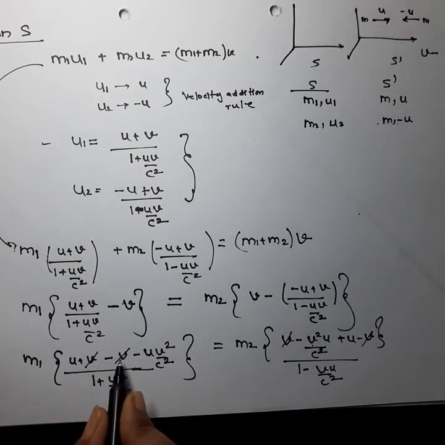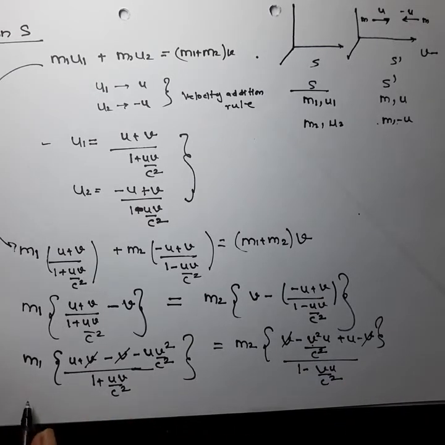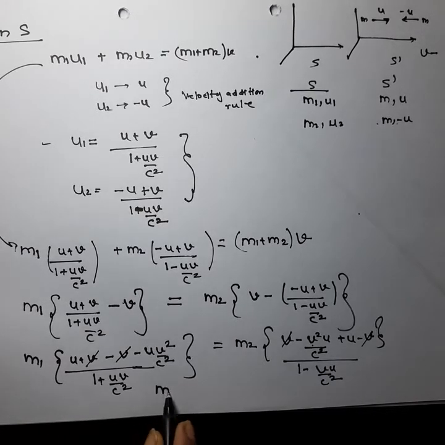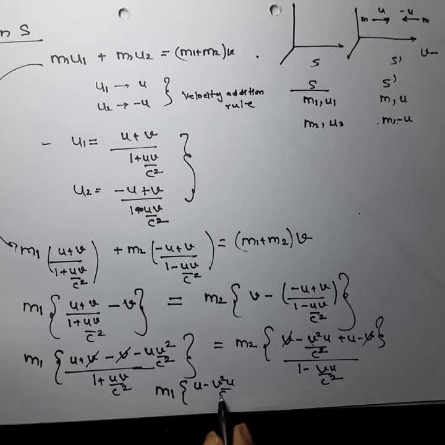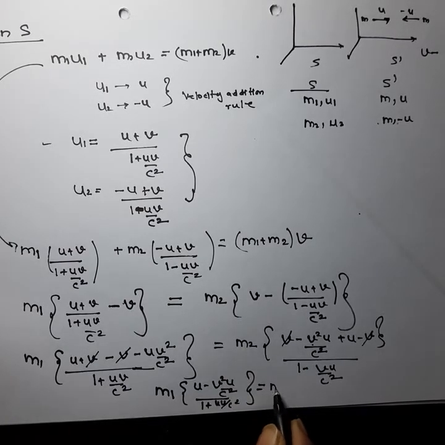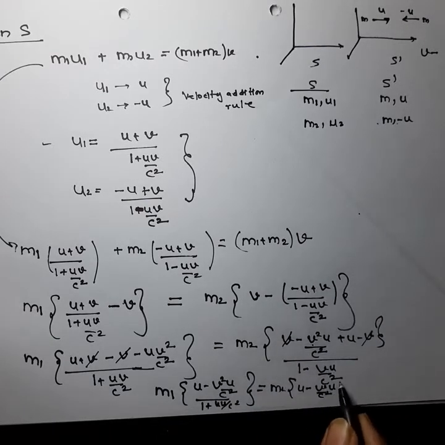Now we will cancel this v and this v. When we add these terms, you can further write it as m1 u times 1 minus v square by c square, divided by 1 plus uv by c square, and m2 u times 1 minus v square by c square, whole numerator divided by 1 minus vu by c square.